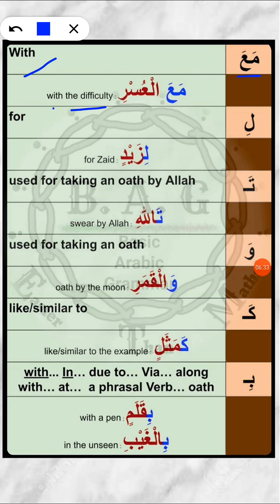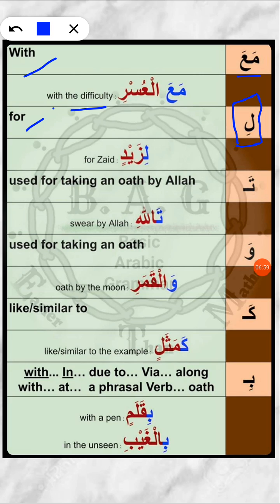Okay, all right. Then we are going to study this lam, li. If it is a harf jar, it means for. Okay, now there are three different kinds of lam that we are going to study. All right, but each of them give us different meaning to the word or the fragment they're being used in.